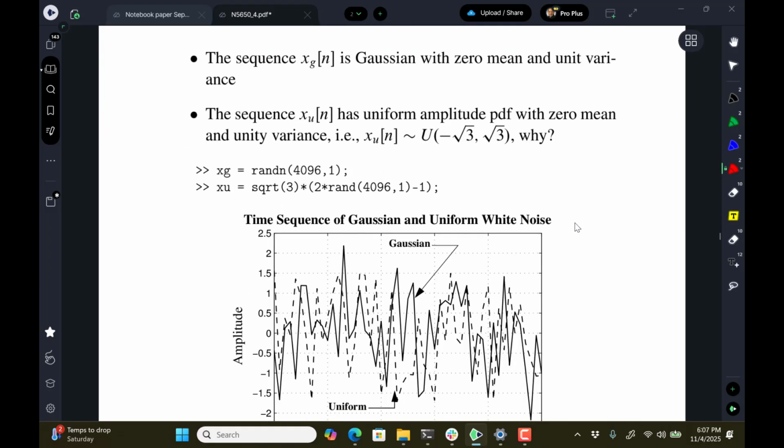So I generate a Gaussian of zero mean and unit variance, and then I generate a uniform distribution that runs from minus square root of 3 to plus square root of 3. If you think about how that works out mathematically, the variance is delta squared over 12.